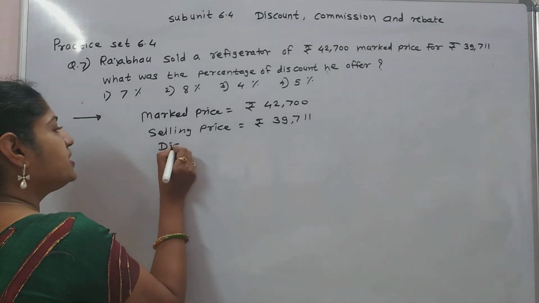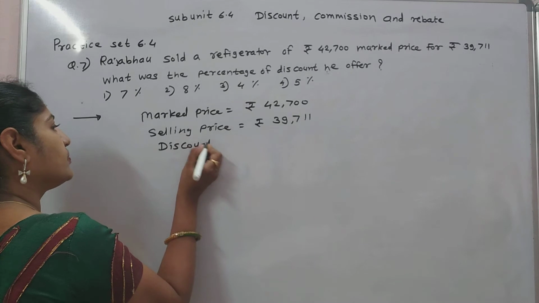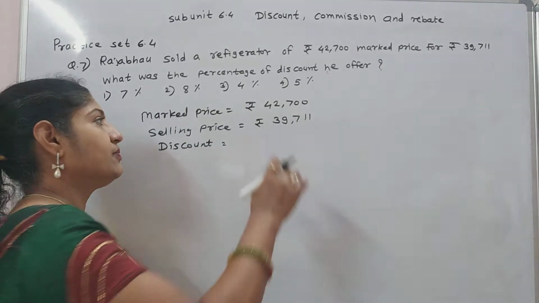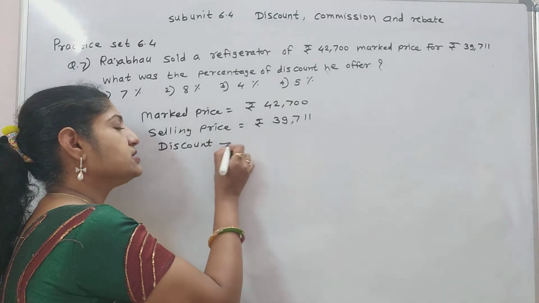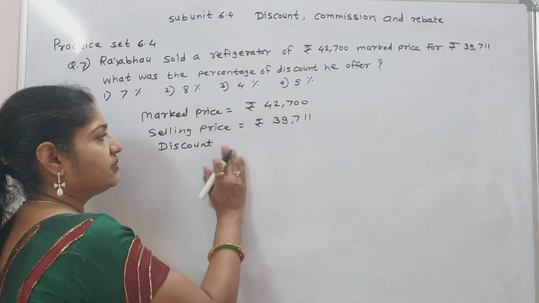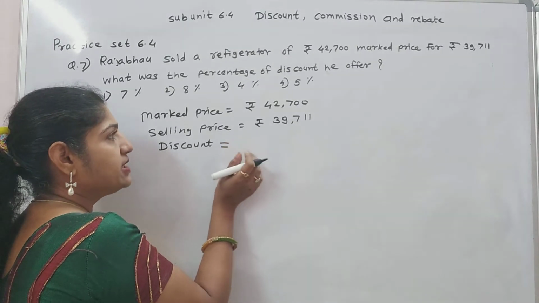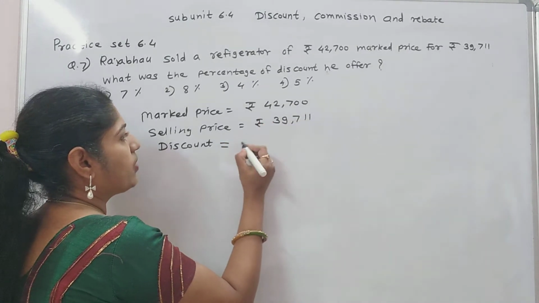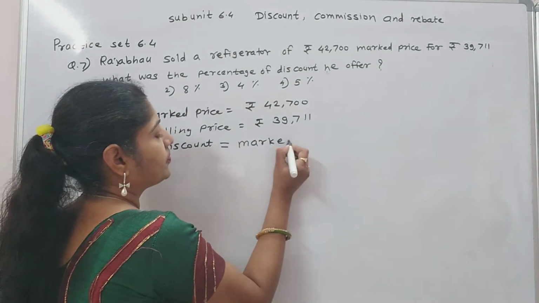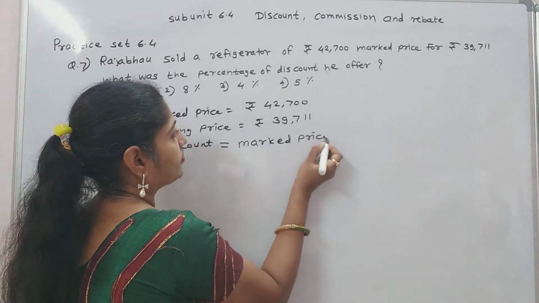So there must be a discount given. Mark price is greater and selling price is less, so there is a discount offered by Rajabhau. And how much is that discount? Subtract these two: mark price minus selling price equals discount.